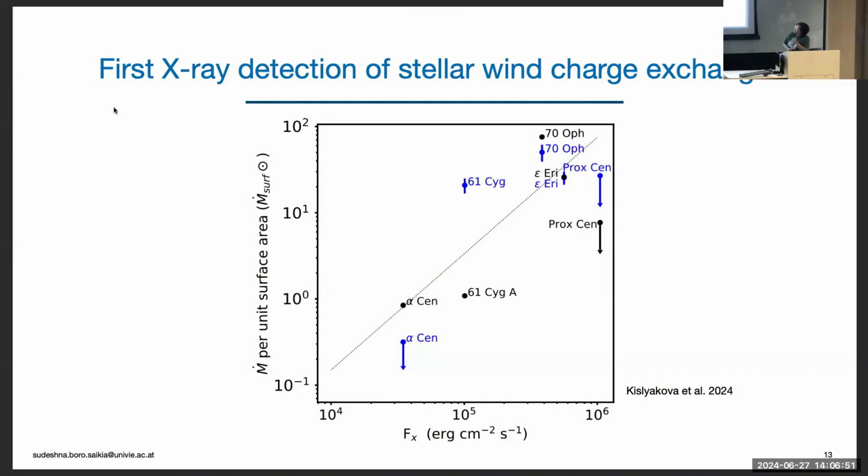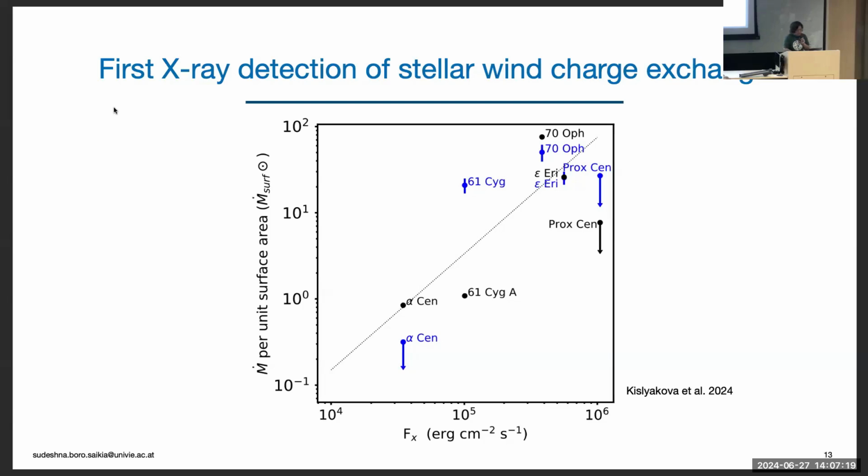In this figure, on the y-axis you see the mass loss rate of the stellar wind, and on the x-axis the X-ray flux. The blue data points are measurements in X-rays using archival XMM-Newton data. Clear detections were made for 61 Cygni, 70 Ophiuchi, and Epsilon Eridani, whereas for Proxima and Alpha Centauri only upper limits could be obtained.